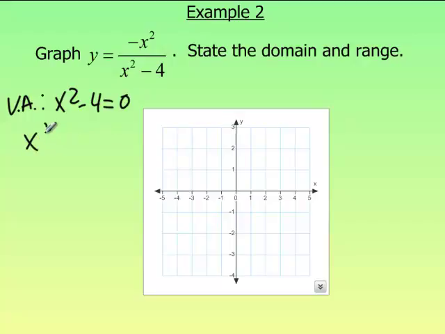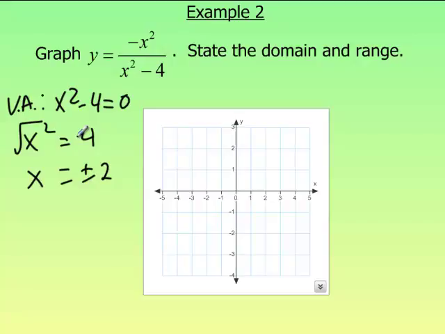So this x squared is equal to 4, and therefore x is equal to, so I take the square root of both sides, and since I'm putting in a square root of both sides, it's going to give me plus or minus 2.